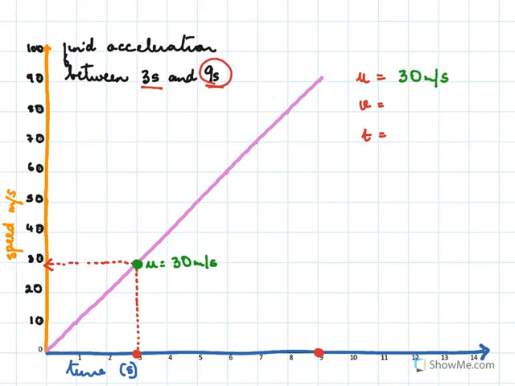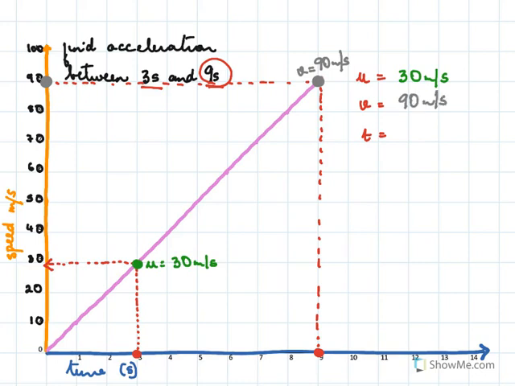I marked 9, so I go up to the graph to find the velocity at 9 seconds. This is my point at 9 seconds, and the velocity here, v, the final velocity, is 90 meters per second.